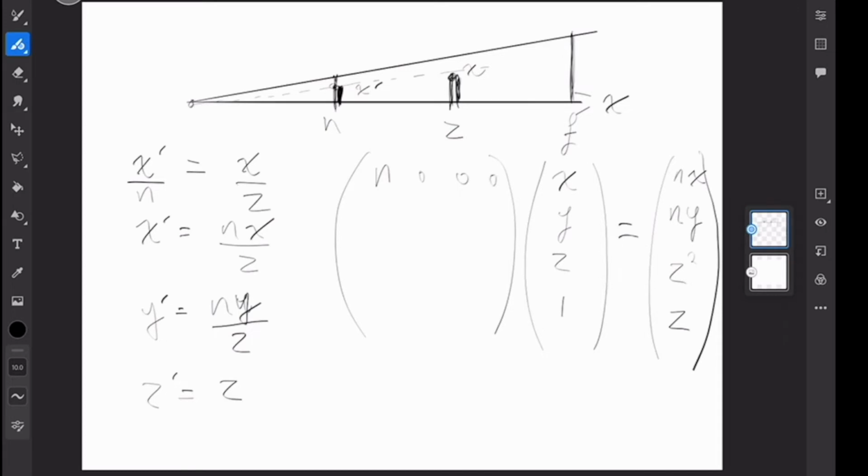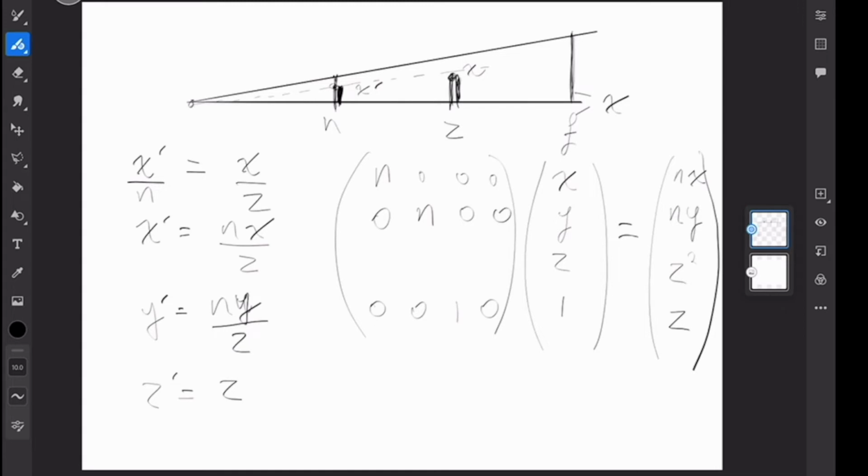For y, it is 0 times x, n times y, 0 times z, 0 times 1. For the fourth row, it's 0 times x, 0 times y, 1 times z, and 0 times 1.